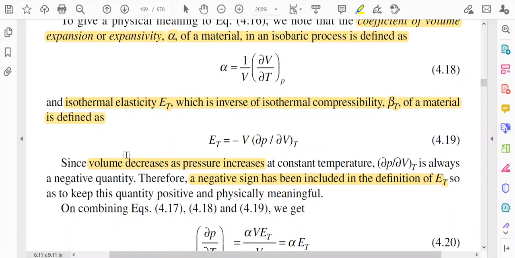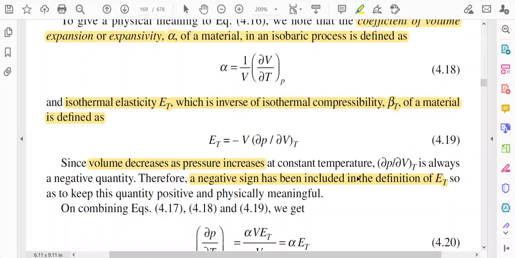Now the point is that volume decreases as pressure increases. We know that volume decreases if you increase the pressure, when temperature is fixed. You have kept the temperature constant. Now as volume decreases as pressure increases, ∂P/∂V is always negative, because when you increase one quantity, the other quantity decreases.